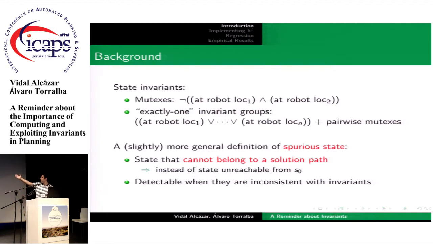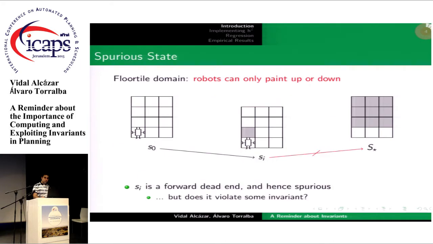So basically, this reduces to all the pairwise mutexes and a constraint that says, for example in this case, an object must be somewhere, it cannot completely disappear from our problem. Okay, and whenever we have these state invariants, they allow us to recognize states that are spurious, so states that cannot belong to a solution path, they are either unreachable states or dead-end states.